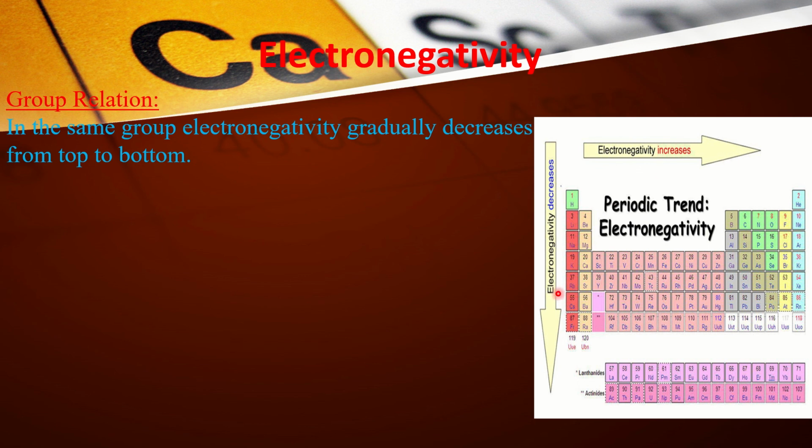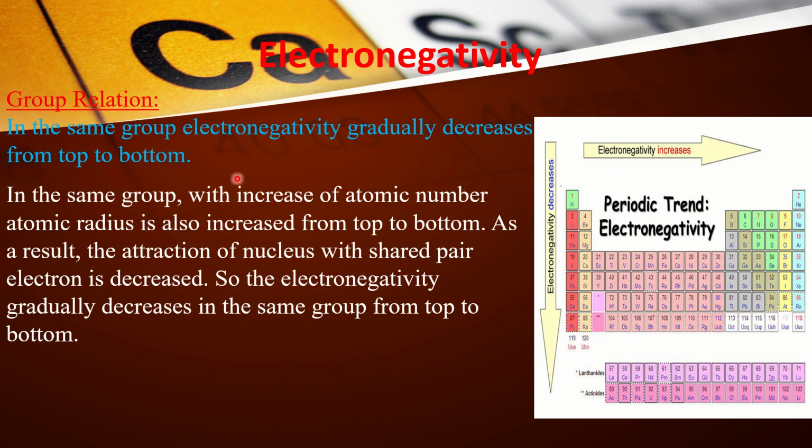And in the same group, atomic radius gradually increases, so electronegativity gradually decreases. With increase of atomic number, atomic radius also increases from top to bottom. As a result, the attraction of the nucleus with the shared pair of electrons decreases. So the electronegativity gradually decreases in the same group from top to bottom.